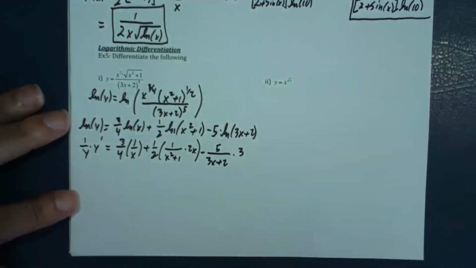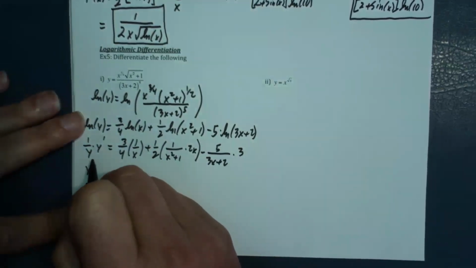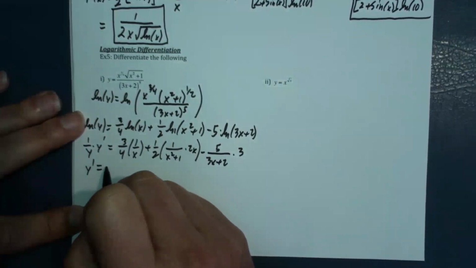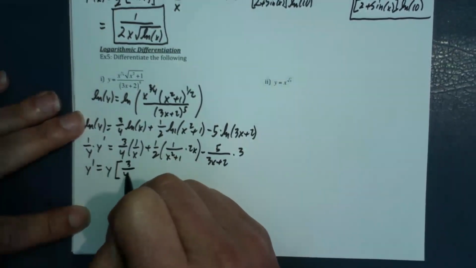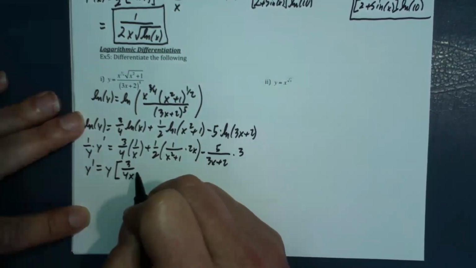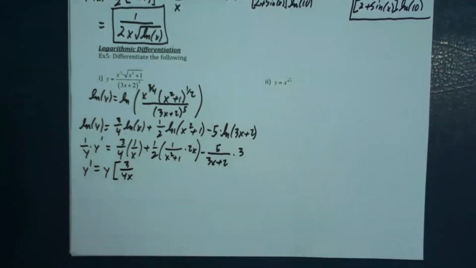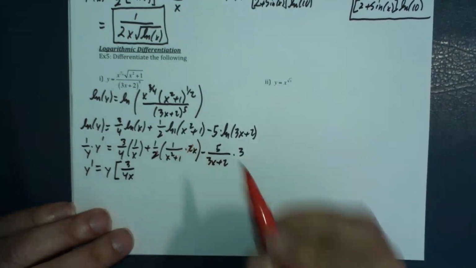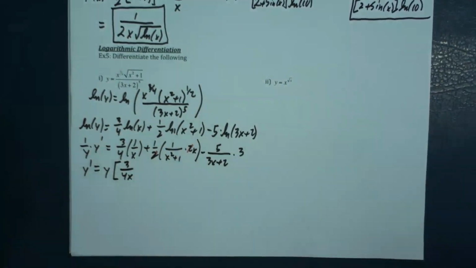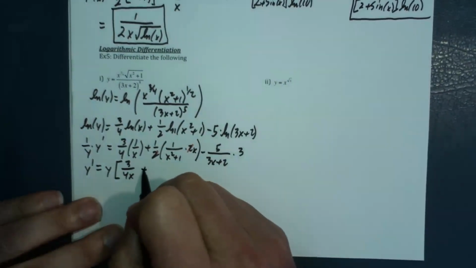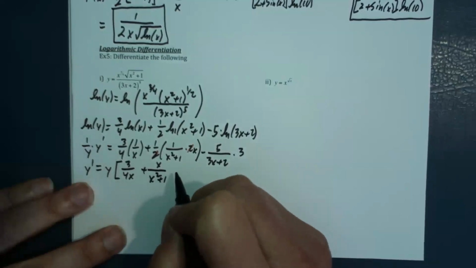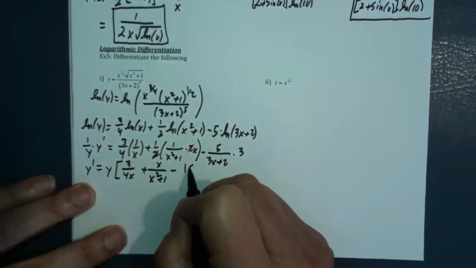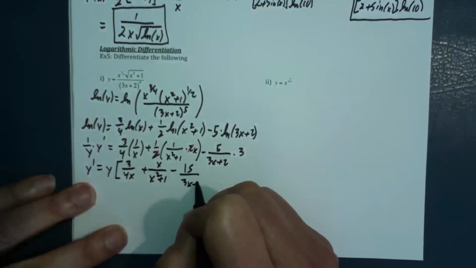We're going to clean this up a bit. And I'm going to multiply the y to the other side, y times 3 over 4x. And I'm going to note here that the 2's go away. I'm just left with plus x over x squared plus 1 minus 15 over 3x plus 2.